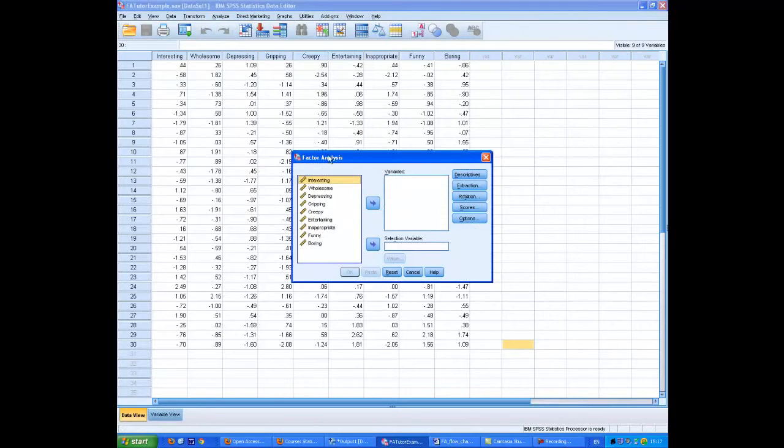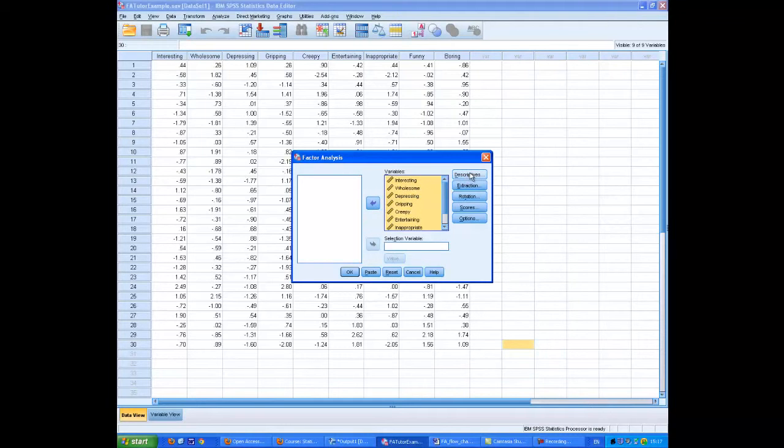Then you go into the factor analysis and you place all the variables, hold down the shift key, click on the bottom one, and put the variables into the right hand box.